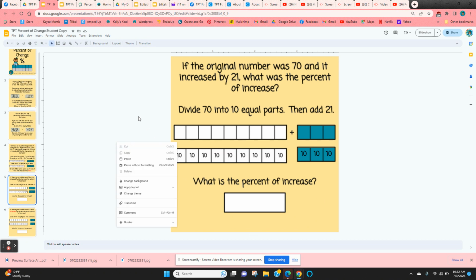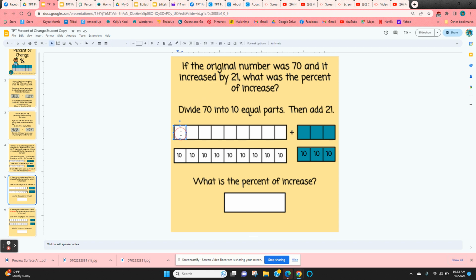The next one, students are going to do part of this on their own. So if the original number was 70 and it increased by 21, what was the percent of increase? So we have the percent down here. So it's 100 divided into 10 equal parts. But we want 70. Our original number was 70. So if we divide that into 10 equal parts, then each one of these parts will be 7.